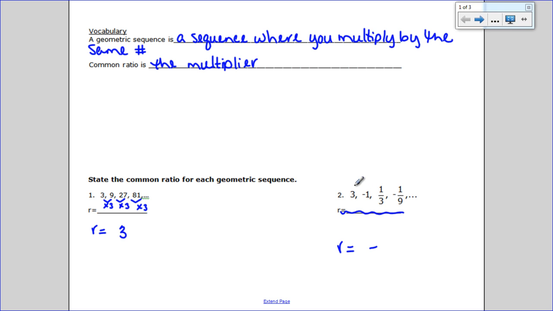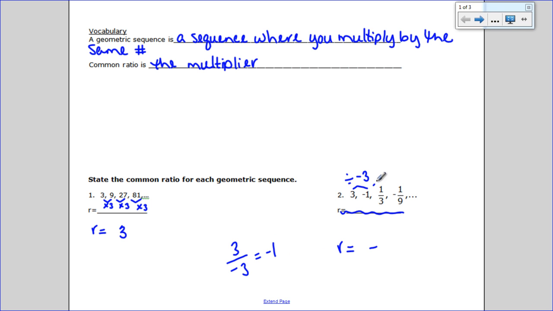Now from 3 to negative 1, I didn't really multiply by anything, because to get from 3 to negative 1, it's really a division problem. I had to divide by negative 3, because 3 divided by negative 3 gives me negative 1.